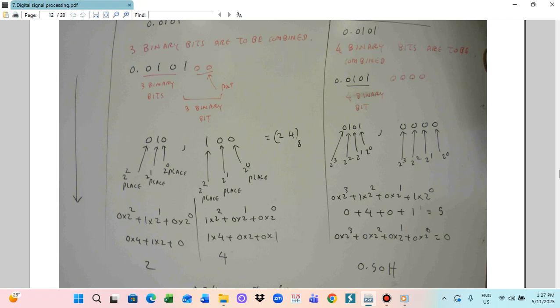That gives 1 multiplied by 4 plus 0 multiplied by 2 plus 0 multiplied by 1, so you get 4. So it is 2 4.